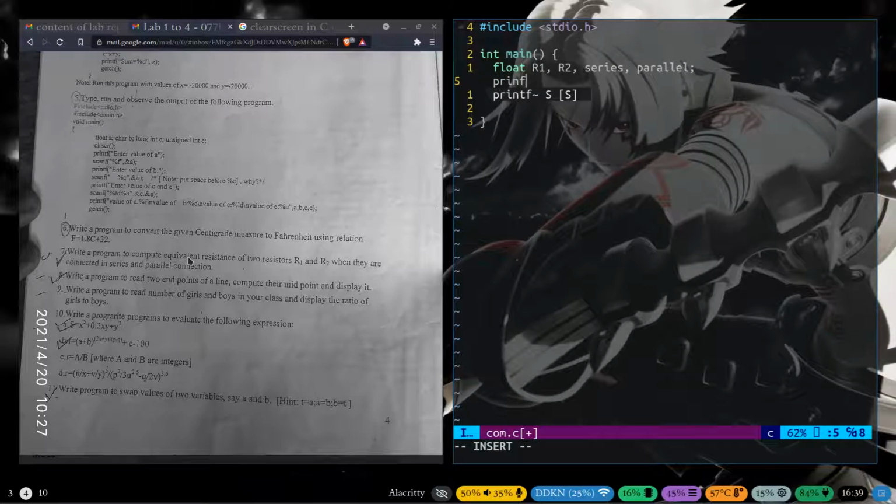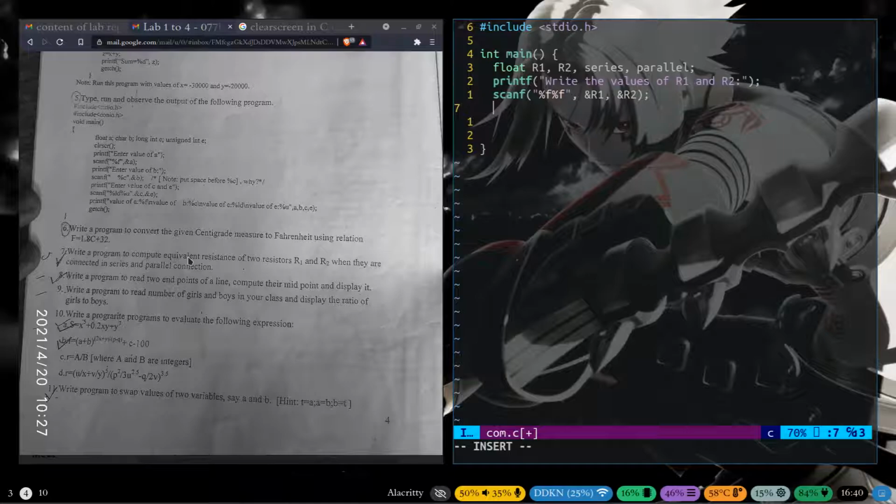So printf the price of R1 and R2, and scanf should be float and float, and it should store to R1 and R2.